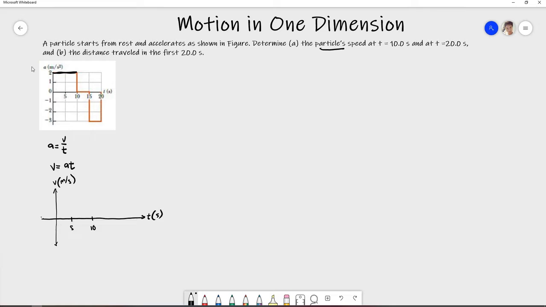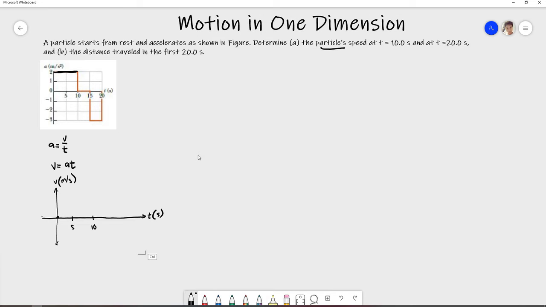Initially from 0, it increases up to a max value here, since this one is velocity.